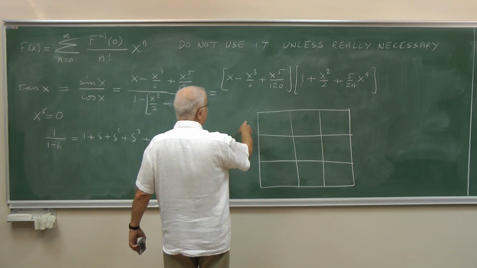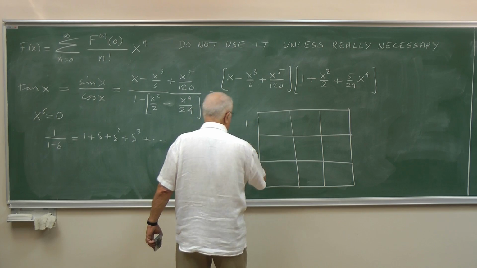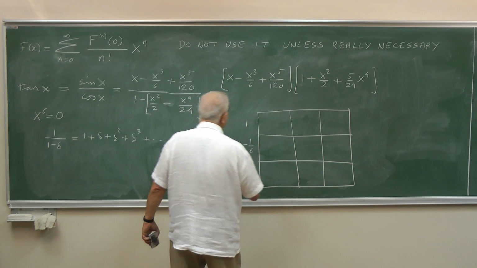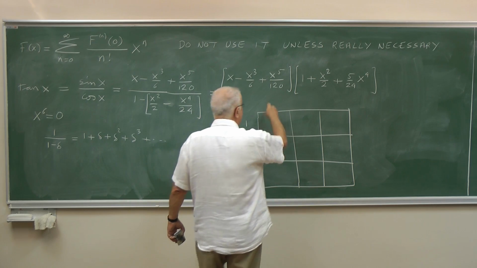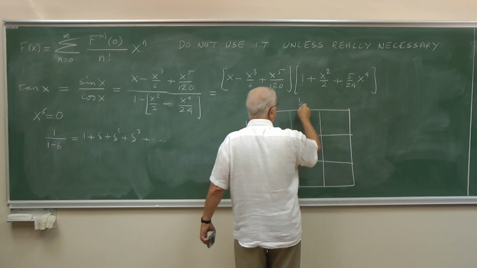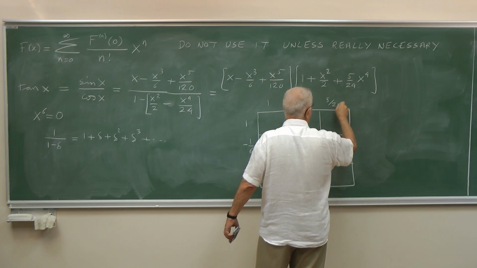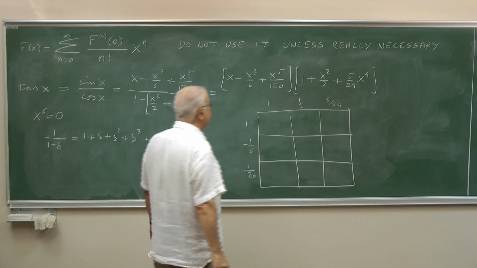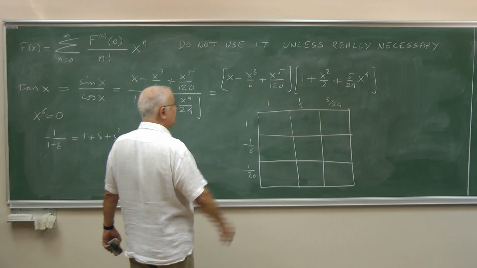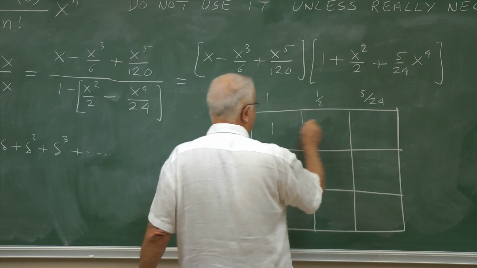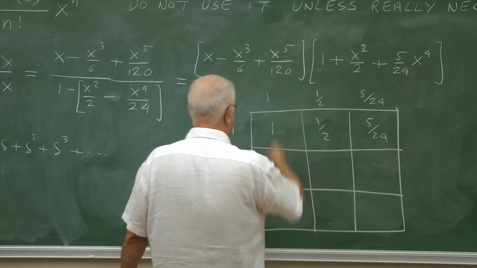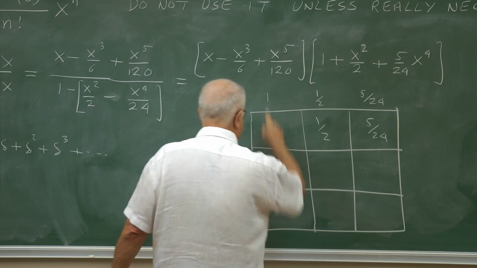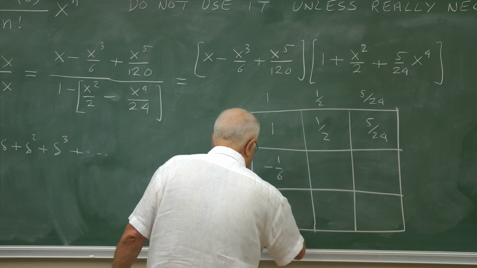Now, here I'll have 1, minus 1 over 6, and 1 over 120. Here I'll have 1, 1 over 2, 5 over 24. So let us just multiply the coefficients. 1, 1 over 2, 5 over 24. That was easy. Minus 1 over 6, 1 over 120.